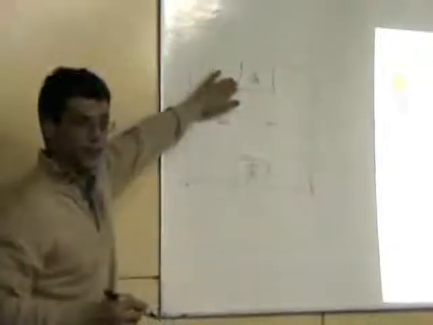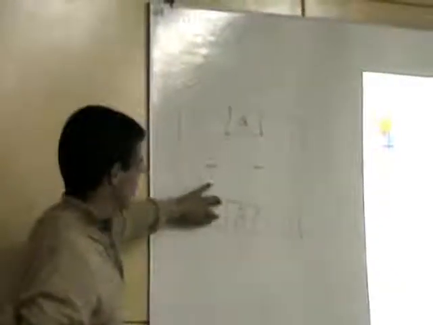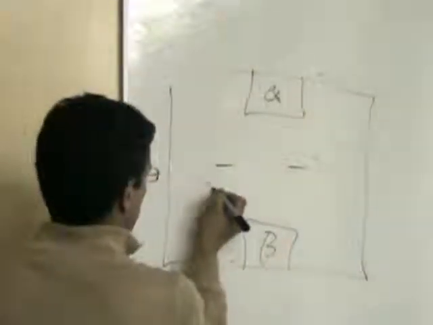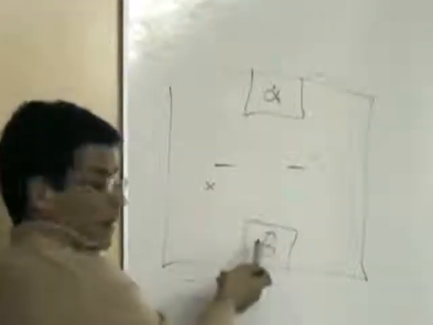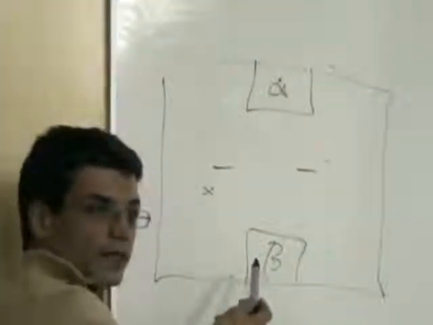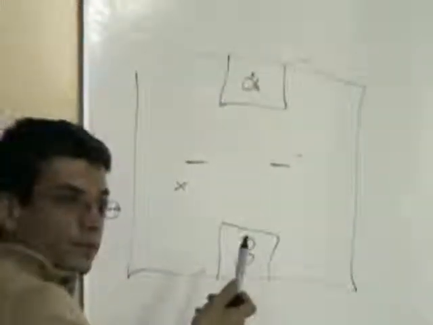a dominant chimpanzee alpha and a less dominant chimpanzee beta, and food is put somewhere on the subdominant chimpanzee's side of this enclosure.